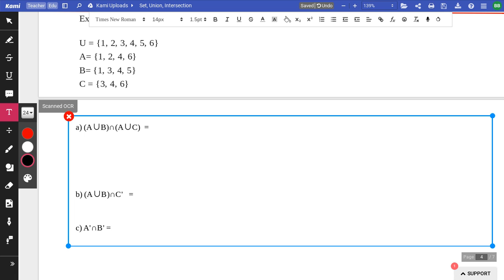Either or. So we have 1, 2, 3, 4, 5. And this is the and sign.